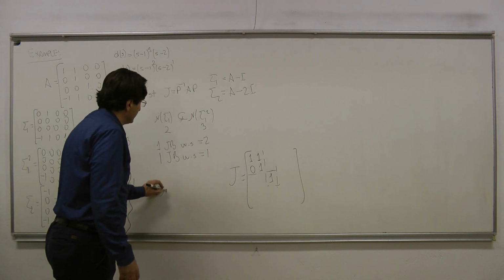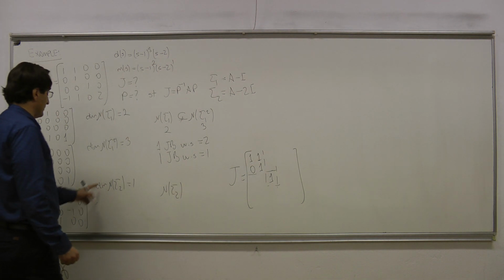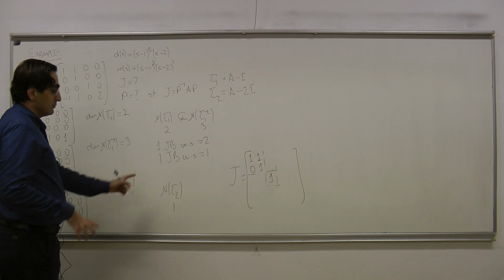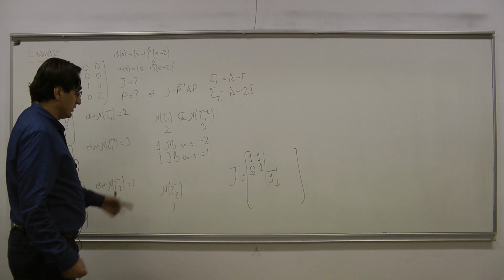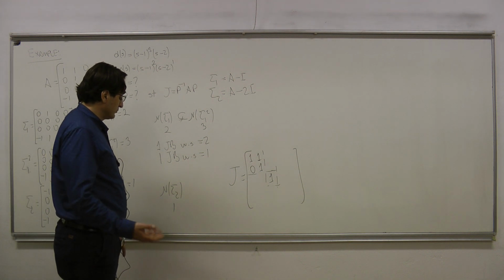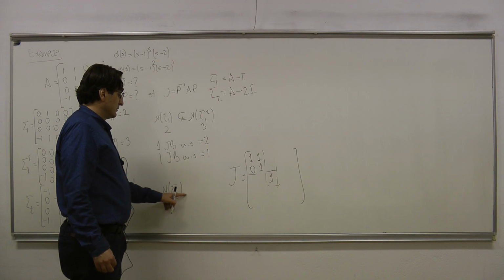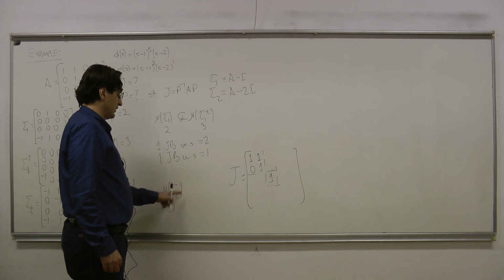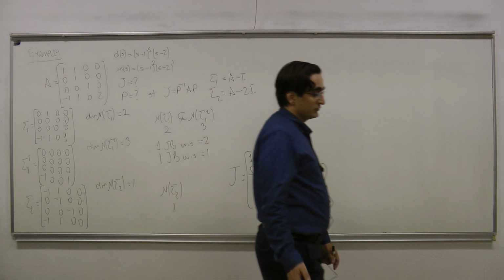The null space of sigma 2 is the largest possible null space in this case, and its dimension is 1. How many Jordan blocks are there? There is only 1 Jordan block. And what is the number of Jordan blocks whose size is larger than or equal to 2? The next null space has equal dimension because it's equal to this largest null space, so there are no blocks of size 2 or larger.